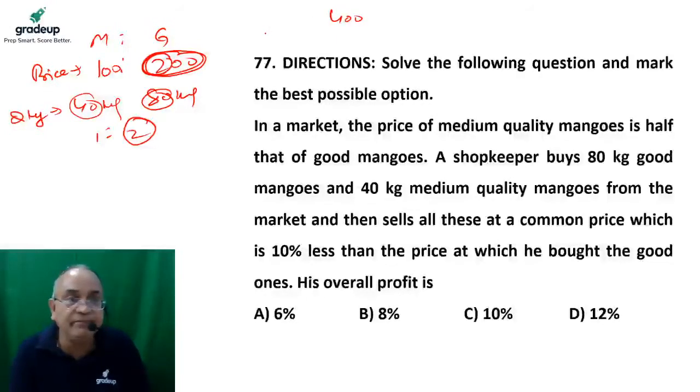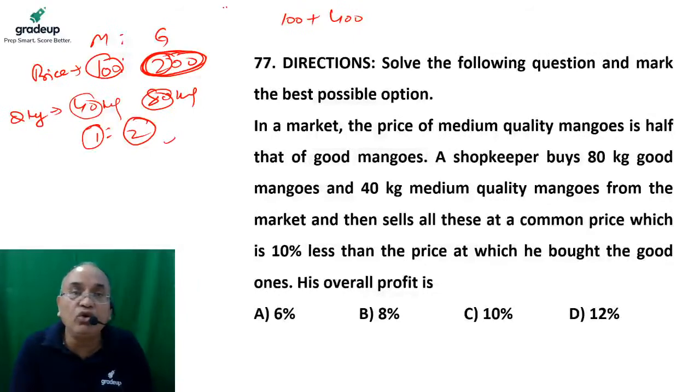No problem at all. And if 200 is the cost price of 1 kg of good quality, then 400 is the cost price of 2 kg. And 100 rupees is the cost price of medium quality, and he has purchased only 1 kg. Then the cost invested by the person is 100. So the total cost he has invested is nothing but how much?